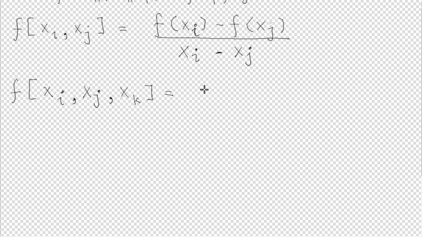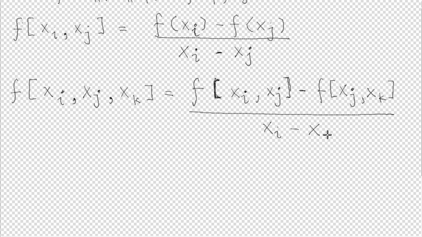Then the difference function will be f(xi, xj), I'm sorry, this should be difference function, minus f(xj, xk) divided by xi minus xk.